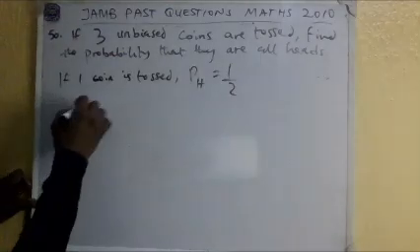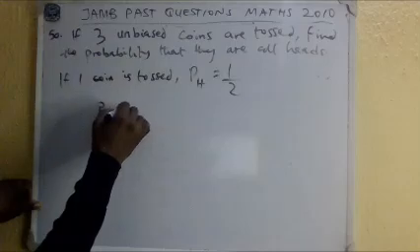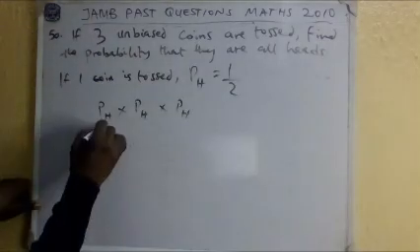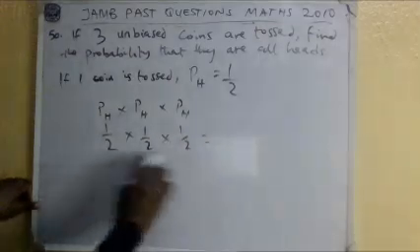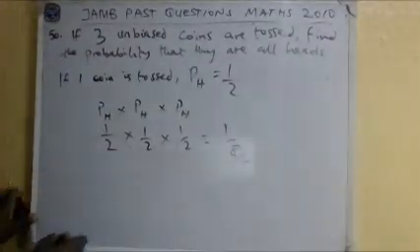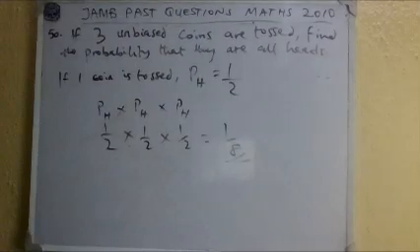The answer is P(head) times another P(head) times another P(head). So first probability times second probability times third probability. What do you have here? 2 times 2, 4 times 2, 8. 1/8. This is the final answer for all the sides, that they are all heads. If you toss the 3 of them at the same time, 1/8 is the answer.